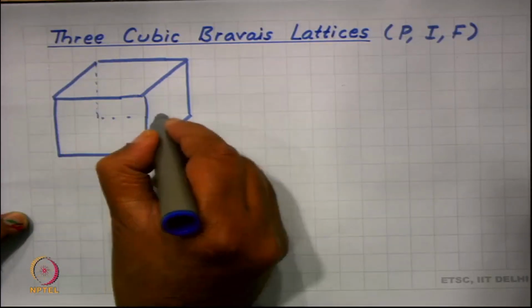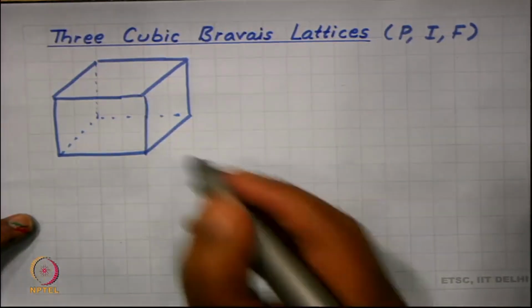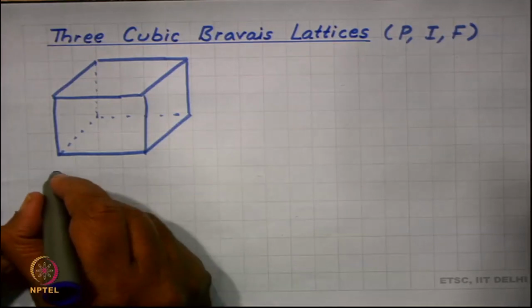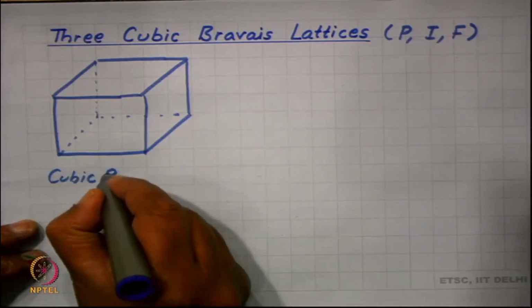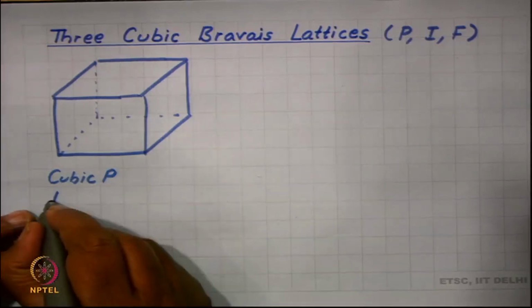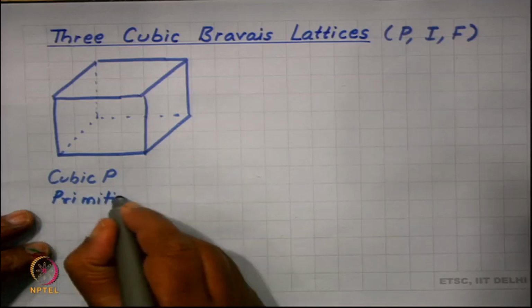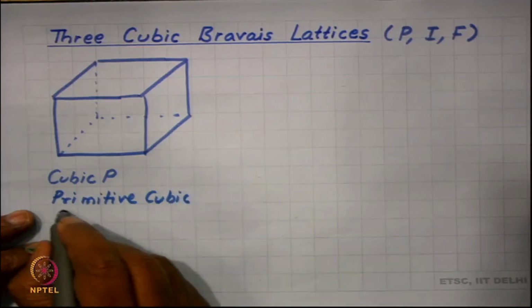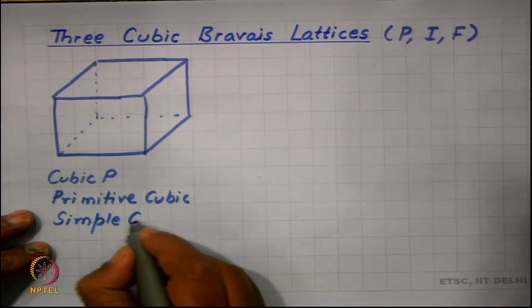So, this is my cubic unit cell and when I say cubic P, or primitive cubic, or simple cubic, more common name is simple cubic.